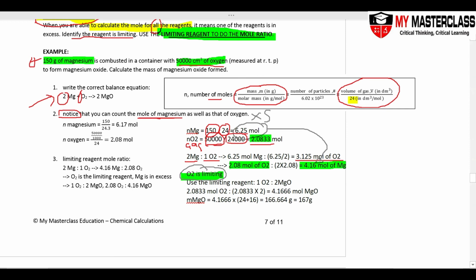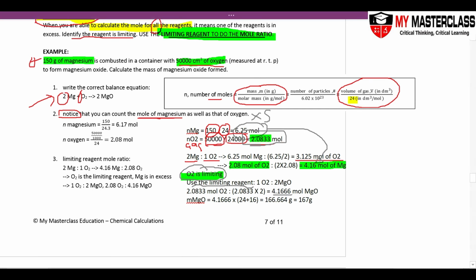The next step is to use the limiting reagent to do your mole ratio. So I use the mole of my limiting reagent, 2.0833 moles of oxygen, which will give me 4.1666 moles of magnesium oxide. Why?